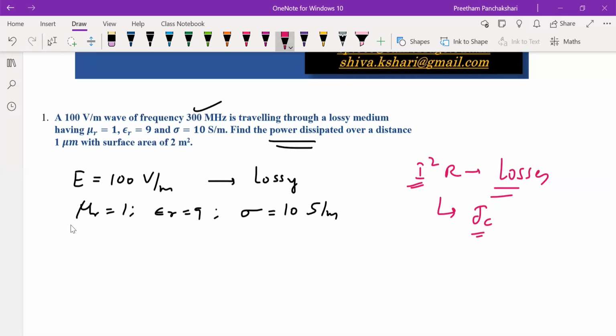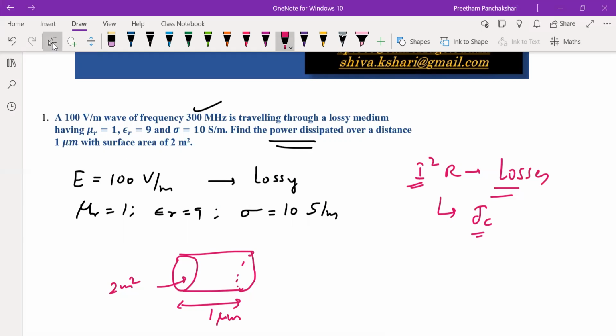And find the power dissipated over a distance of 1 micrometer with a surface area of 2 meters square. So the surface area and the length, let me take this. It is not mentioned whether circular, rectangle, whatever it is. This area is 2 meters square and this length is 1 micrometer.